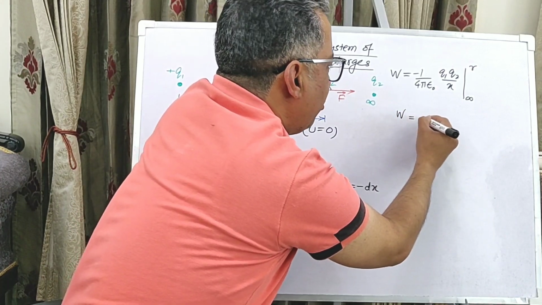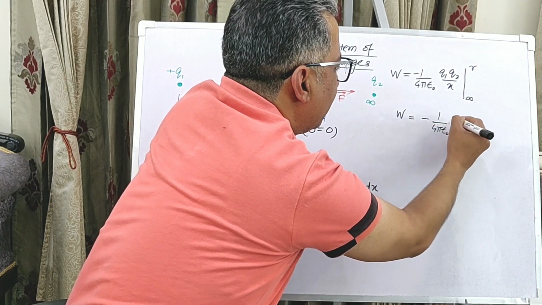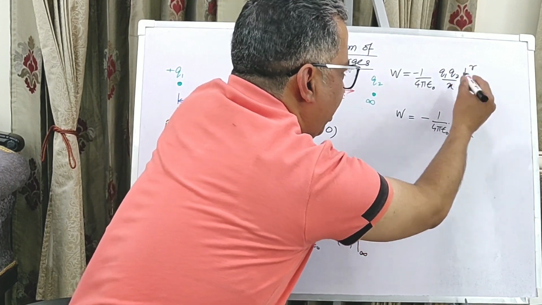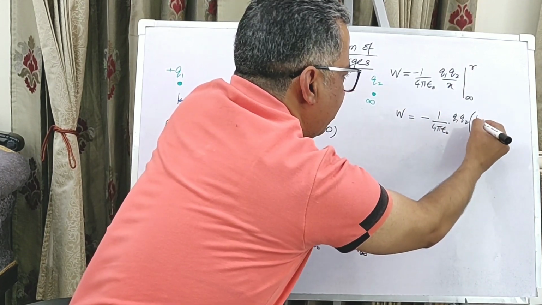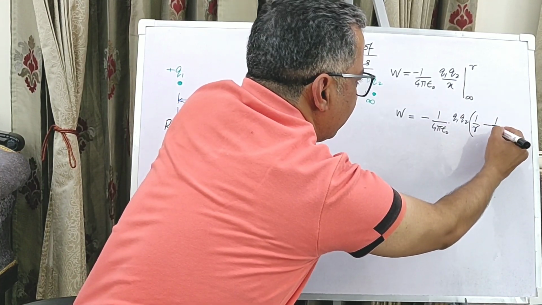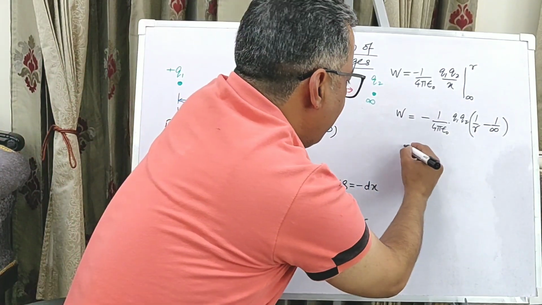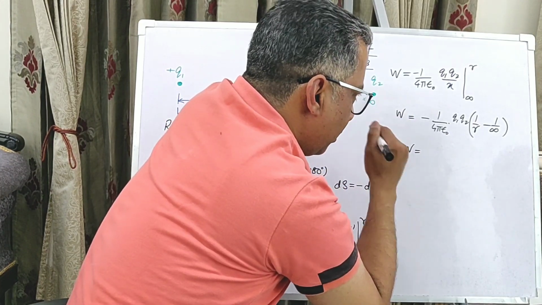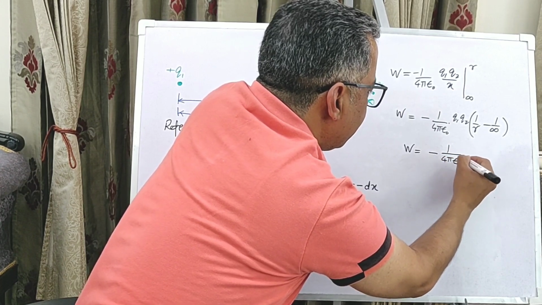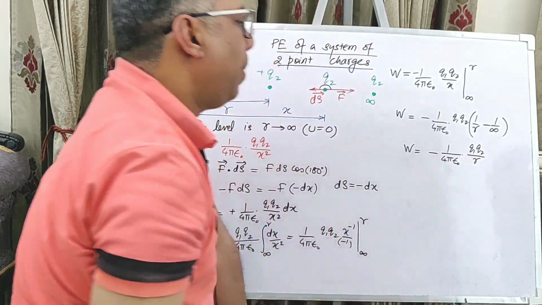So work done will be equal to minus 1 upon 4 pi epsilon naught q1 q2, and first we substitute r in place of x, so we have 1 by r, minus we substitute infinity in place of x, so we have 1 by infinity. Of course 1 by infinity is 0, and therefore work done W comes out to be minus 1 upon 4 pi epsilon naught q1 q2 by r.